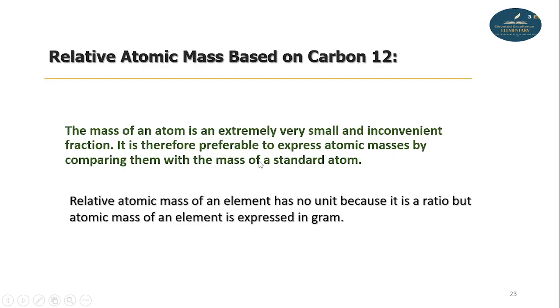It is therefore preferable to express atomic masses by comparing them with the mass of a standard. The relative atomic mass of an element has no unit because it is a ratio, but the atomic mass of an element is expressed in grams.